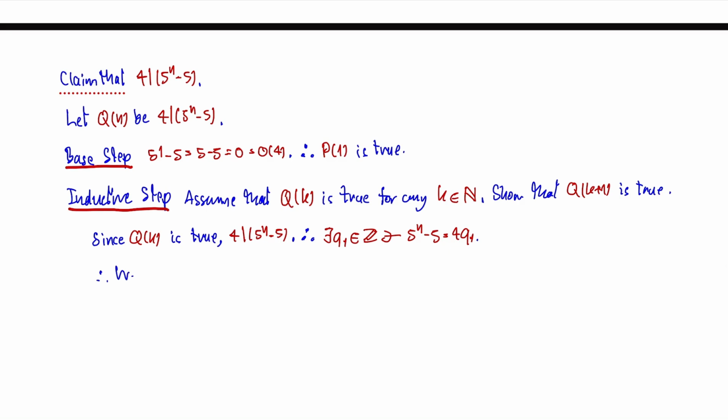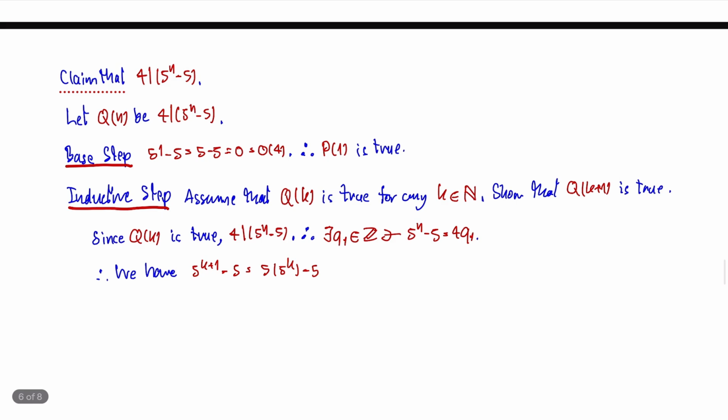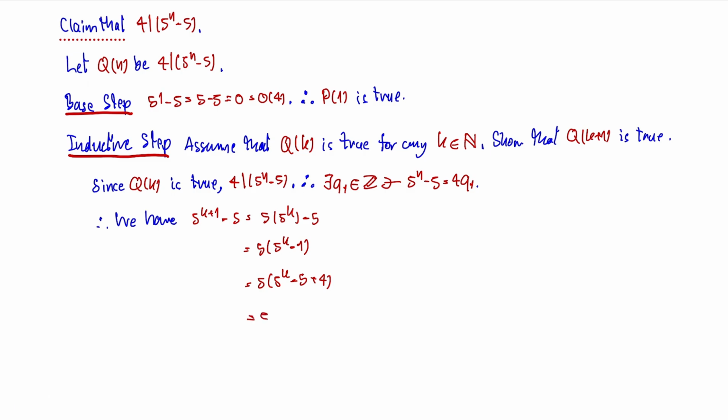So let's start with the statement Q(k+1). So we're going to have 5 to the k plus 1 minus 5. And then we're going to have 5 times 5 to the k minus 5. Okay, what can we do with this? Factorize 5. We're going to have 5 times (5 to the k minus 1). And then we're going to have 5 times (5 to the k minus 5 plus 4). And distribute number 5. So we're going to have 5 times 4 like this.